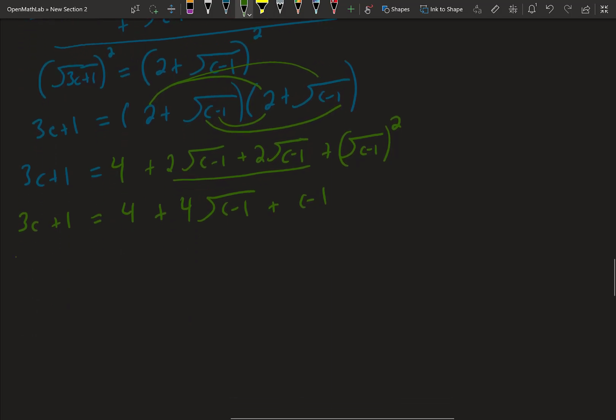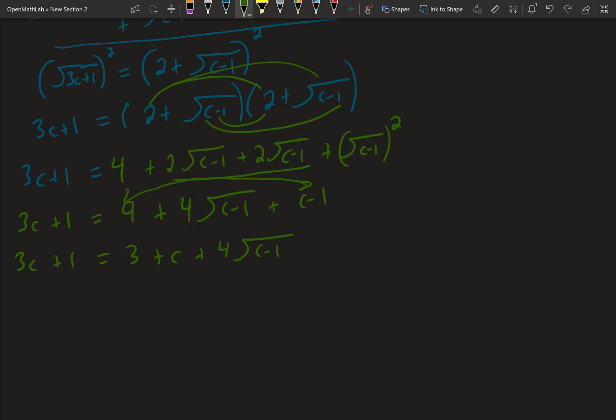This would be 3c plus 1 equals, so 4 minus 1 is 3, right? So adding these two terms together, here and here. And then I would have plus c plus 4 times the square root of c minus 1, right? So just adding like terms, trying to simplify the right-hand side.